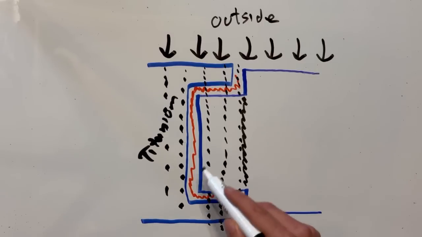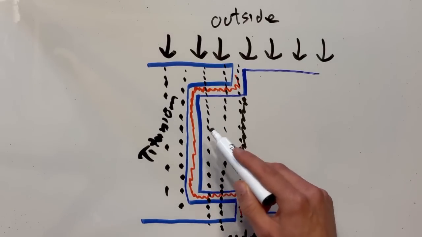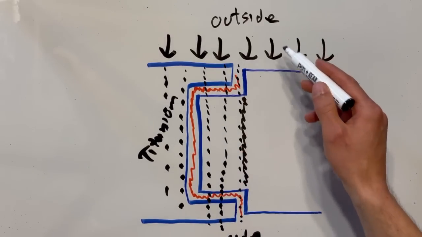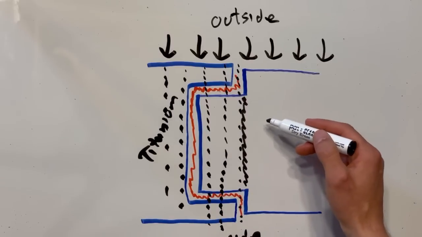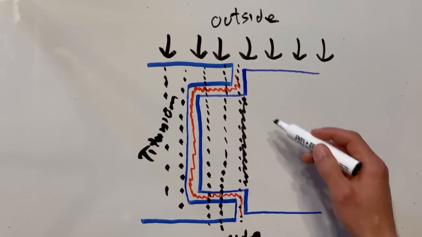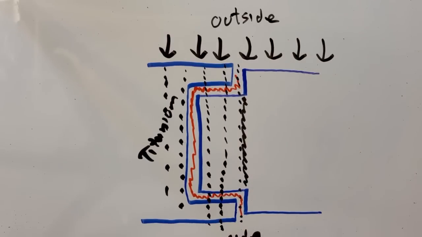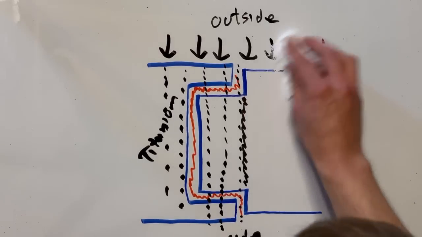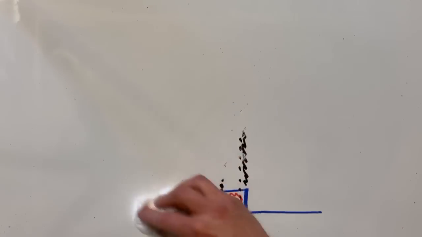In addition, that adhesive is going to react differently to the outside pressure than the titanium and the composite. And you're also going to end up getting shear stresses in that adhesive. So let's go ahead and clean that up and redraw it since it got a little bit busy there.